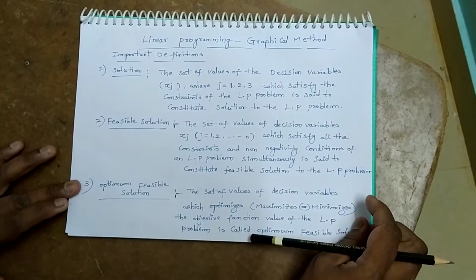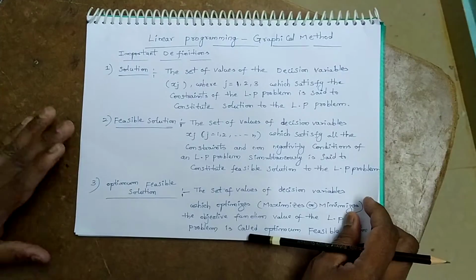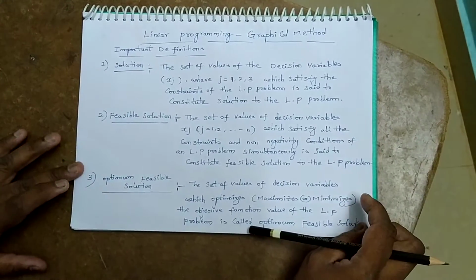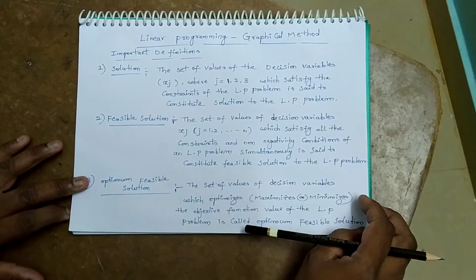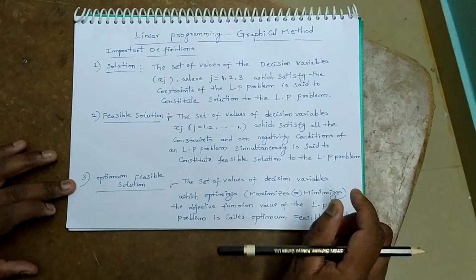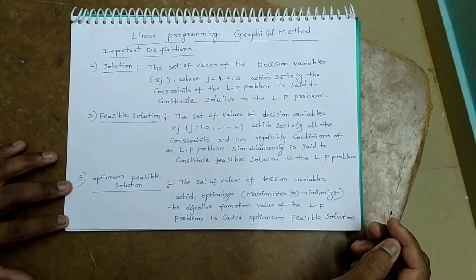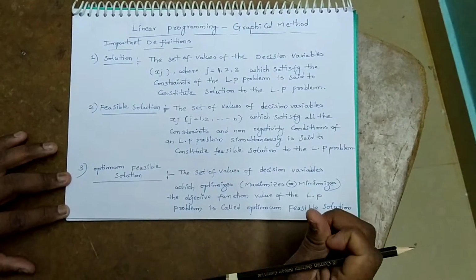My dear students, today I am going to discuss the linear programming graphical method. Before we discuss it, let us understand some important definitions, out of which we are going to discuss three important definitions first.